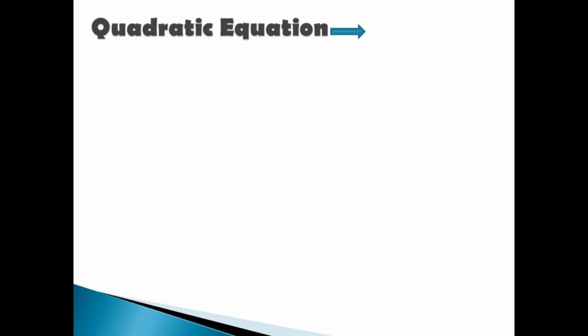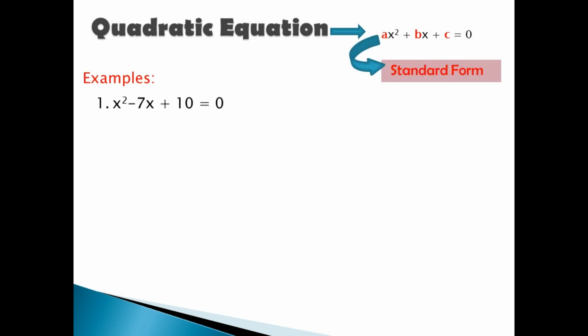A quadratic equation in standard form is defined by ax squared plus bx plus c equals 0. Examples. Number 1, x squared minus 7x plus 10 equals 0 is a quadratic equation.